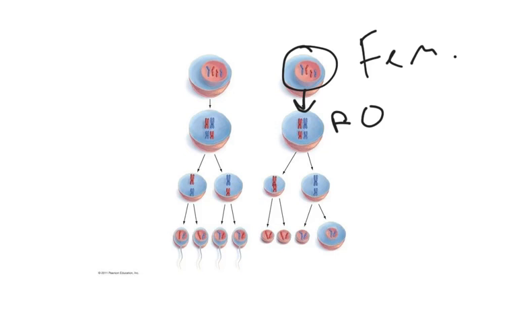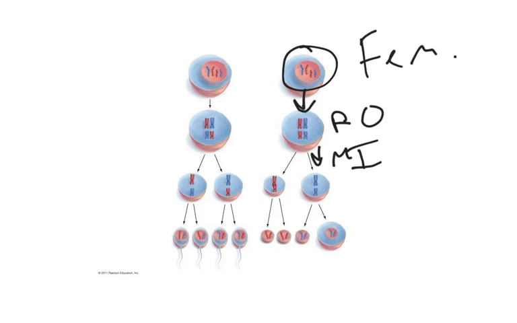And then still during development in the womb, the primary oocyte will go partially into meiosis 1. It'll actually only go into prophase 1, and it'll wait there.